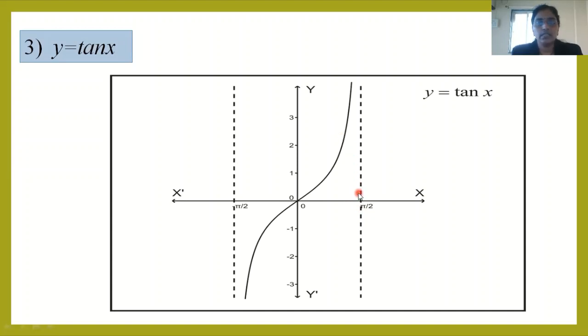Therefore, the graph of tan x is in this way, which does not touch the lines passing through pi by 2 and minus pi by 2. Here the domain is R minus (2n plus 1) pi by 2, where n belongs to integers, and the range is the whole set of real values. This one is the graph for tan x.